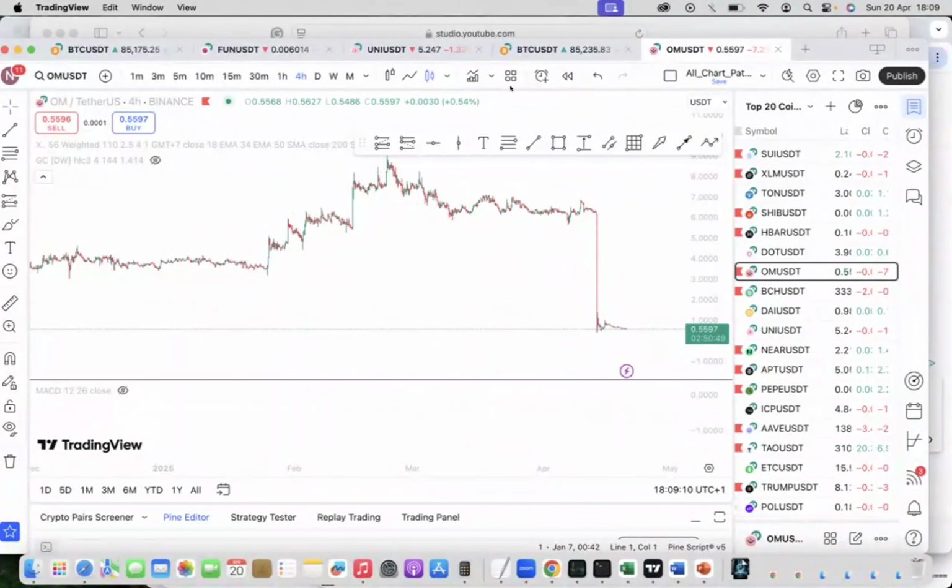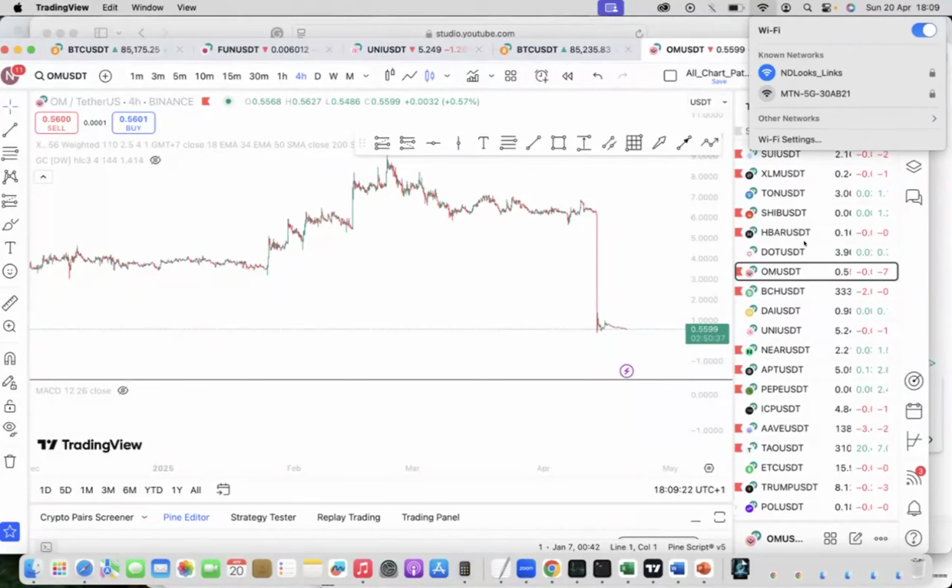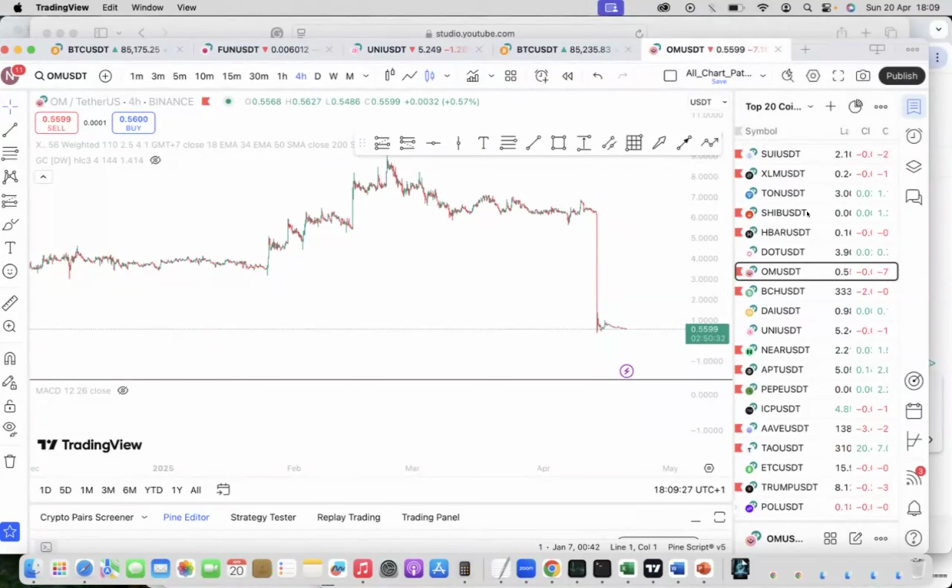Apart from KDJ, Bollinger Band and MACD, how many of you know what to do when it comes to trading without indicators? I know everybody has indicators that they use to make life easy for them, but the purpose of this training is to help you trade even without indicators.